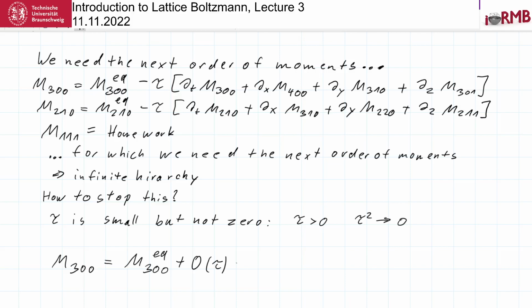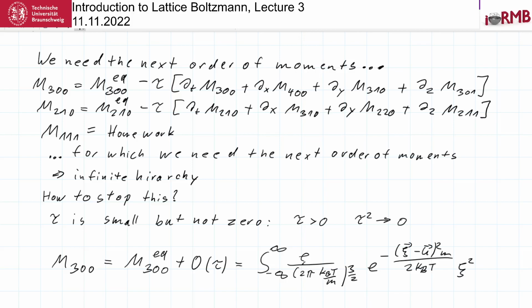And this again is the integral from minus infinity to infinity of rho times the distribution function, (m divided by 2 pi k Boltzmann T) to the power of 3/2, e to the power of minus (xi minus u) squared times m divided by 2k Boltzmann constant T, integrated over the kernel xi to the power of 3 over the entire velocity space.